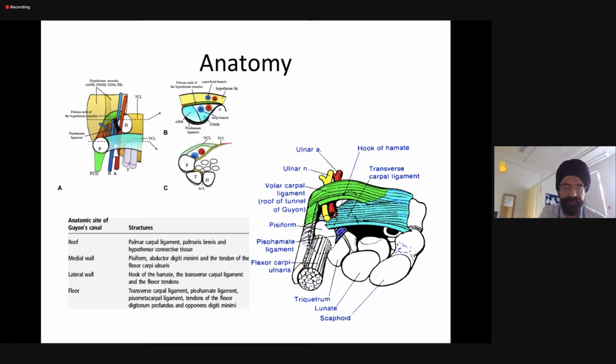Then it bifurcates at the level of this fibrous arch, which is the most common constriction site of the deeper branch, the motor branch, which we'll study later on. That is where this fibrous structure can cause compression, especially of the motor branch. Guyon's canal is triangular, and we see the FCU, the pisiform, and the hook of the hamate.